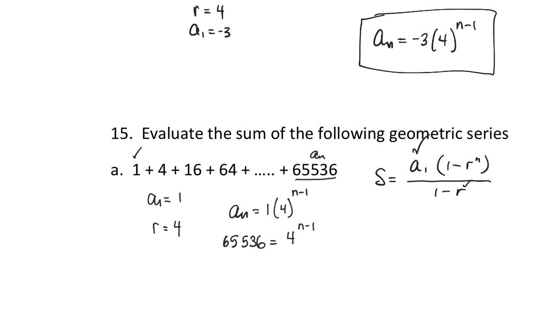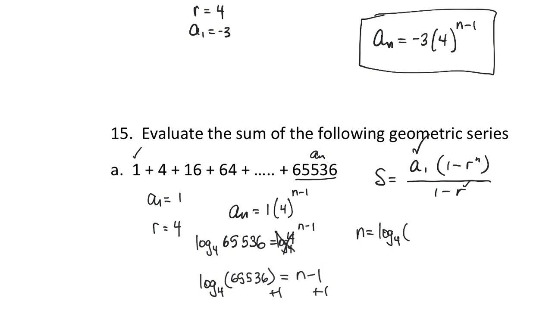I'm going to use a log base 4 here and a log base 4 there, because a log base 4 cancels the exponential base 4. So we have now this equation to solve.